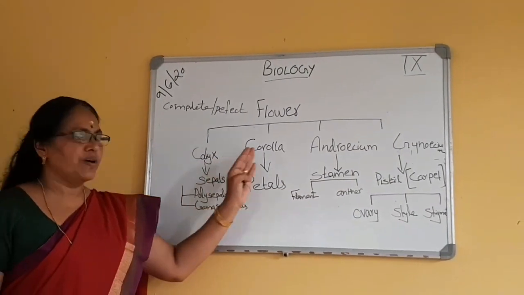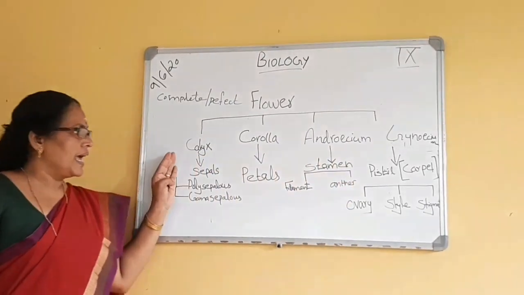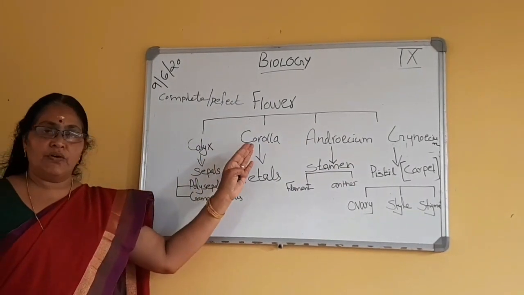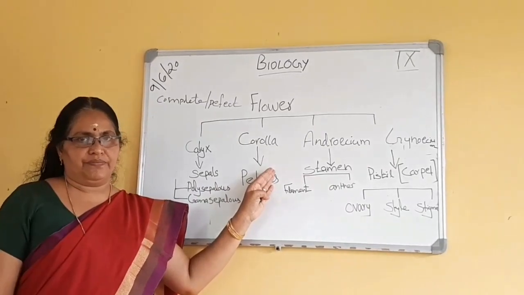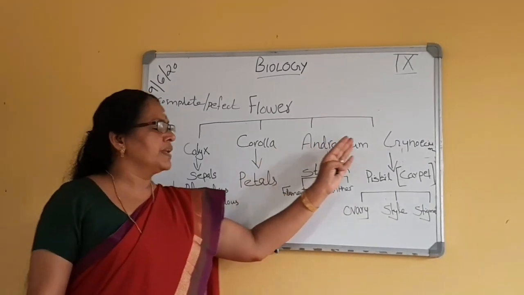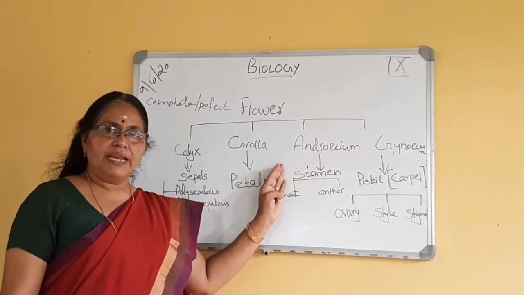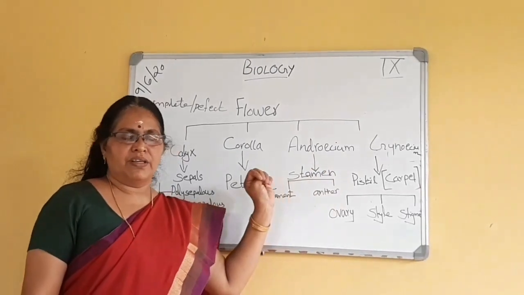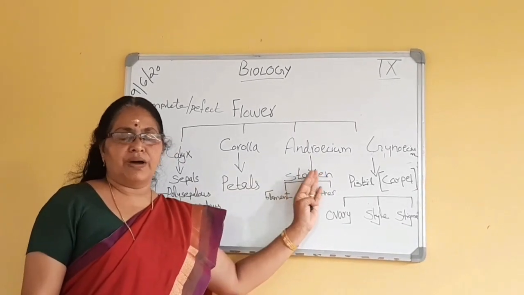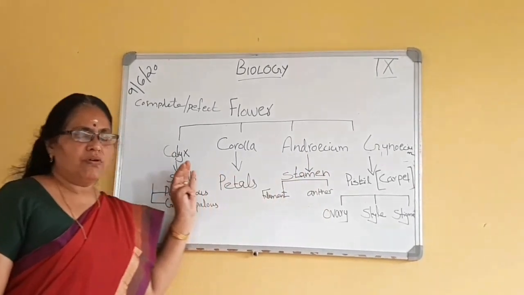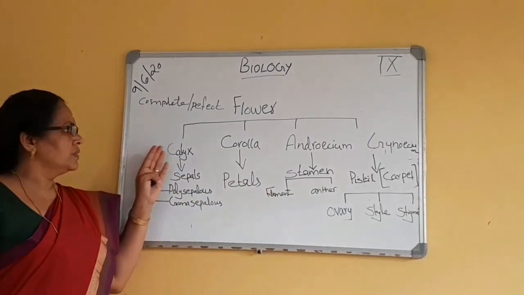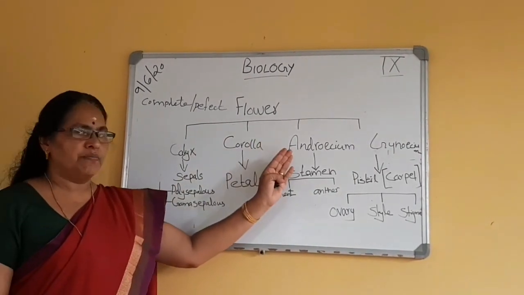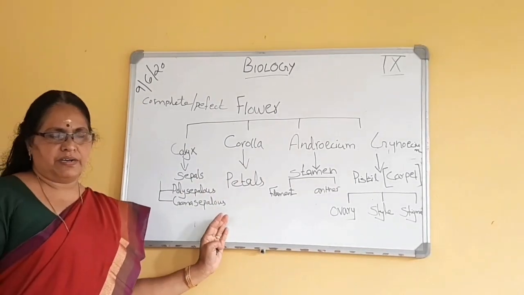Among these four parts of the flower, the calyx and corolla are the non-essential parts of the flower. And the androecium and gynoecium, they are the male and the female part of the flower. So they are the essential part of the flower. So if a flower contains both the non-essential and essential part, then it is a perfect flower.